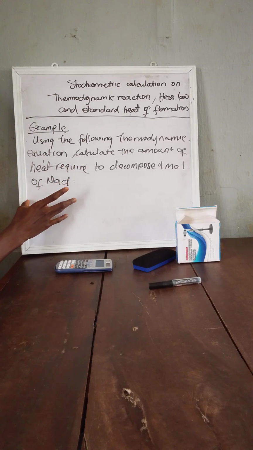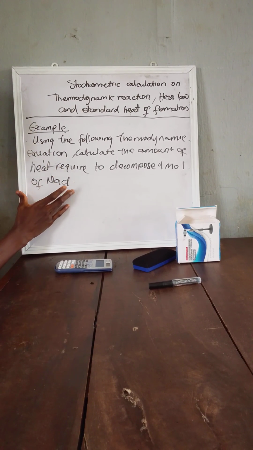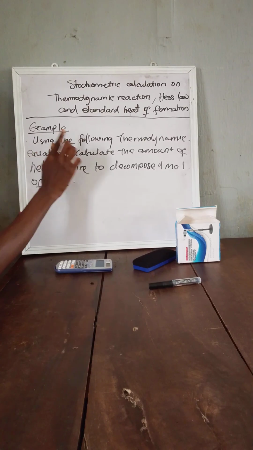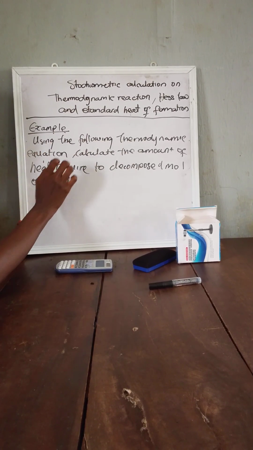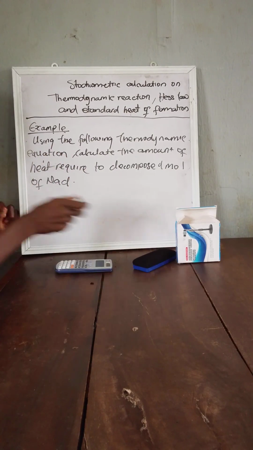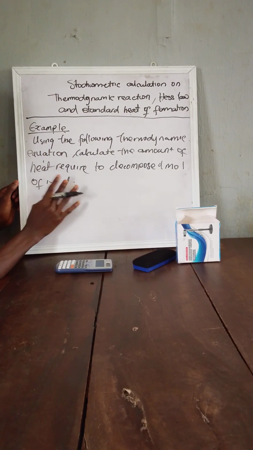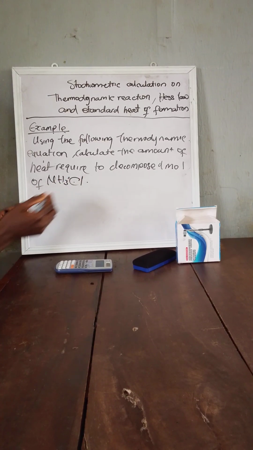First, let's explain the stoichiometric calculation involved with thermodynamic reactions. We were trying to explain this particular concept. They said, using the following thermodynamic equation, calculate the amount of heat required to decompose 4 moles of ammonium chloride.